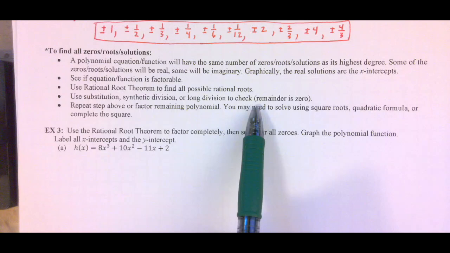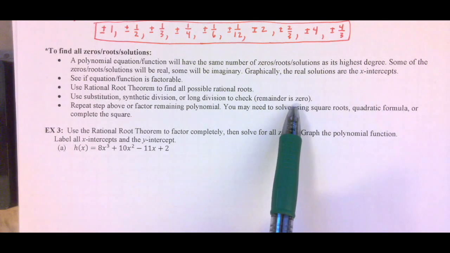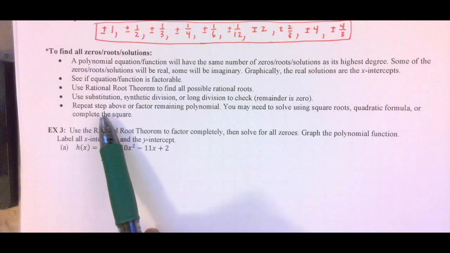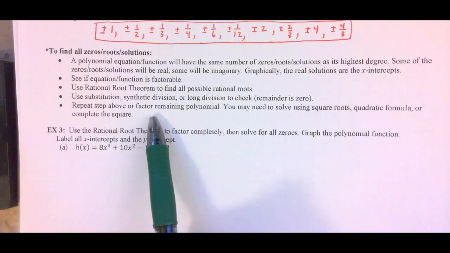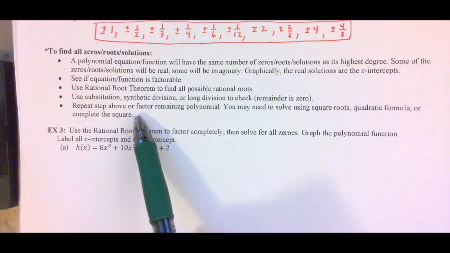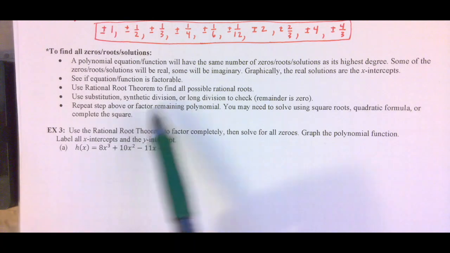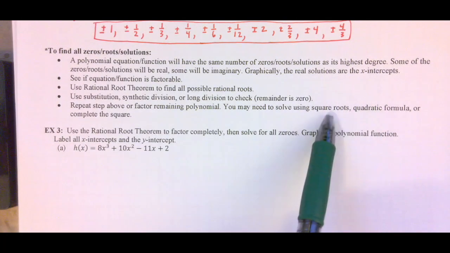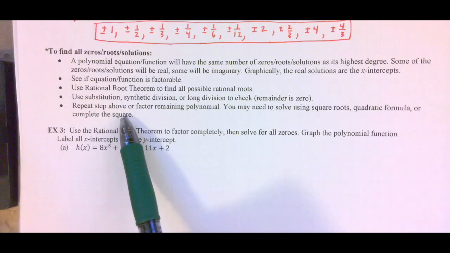Remember that it is a solution when the remainder is 0. Okay, then we would repeat the step above, or we'd factor the remaining polynomial. You may need to solve using square roots, quadratic formula, or complete the square. So if I can get it down into a quadratic, right, then I can drag it through the quadratic formula or use square roots or complete the square.